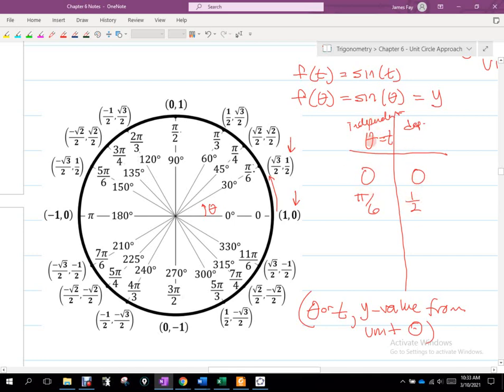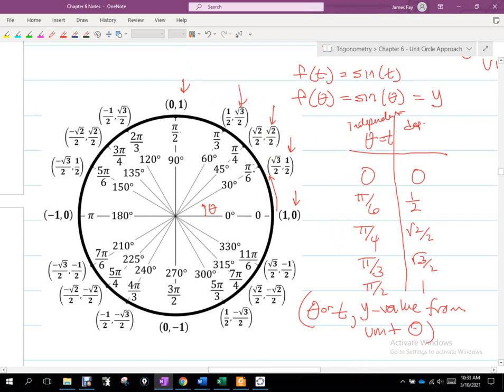They're ordered pairs. Then we go pi over 4 as my angle or my distance, and the y value coupled with that is radical 2 over 2. I'll do pi over 3. The y value coupled with that is radical 3 over 2. And I'll do pi over 2, and the y value coupled with that is 1.